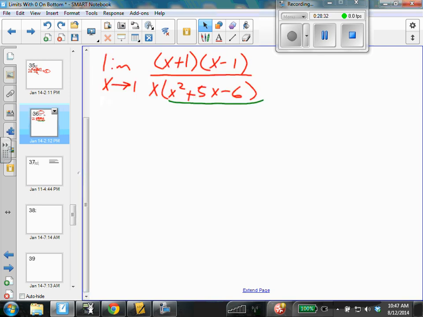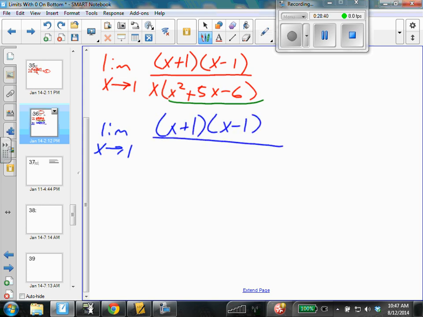Like a quadratic. So this will be the limit as x approaches 1. The top we can leave alone. And then the bottom is x times, and then this stuff I'm going to factor into two sets of parentheses. Since this is x squared, I know I'm going to use x and x.